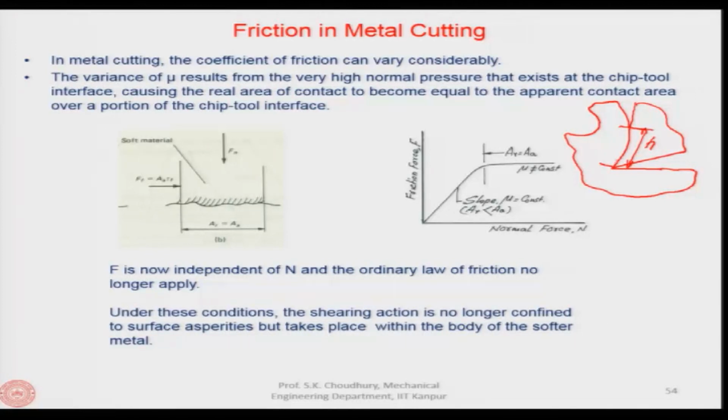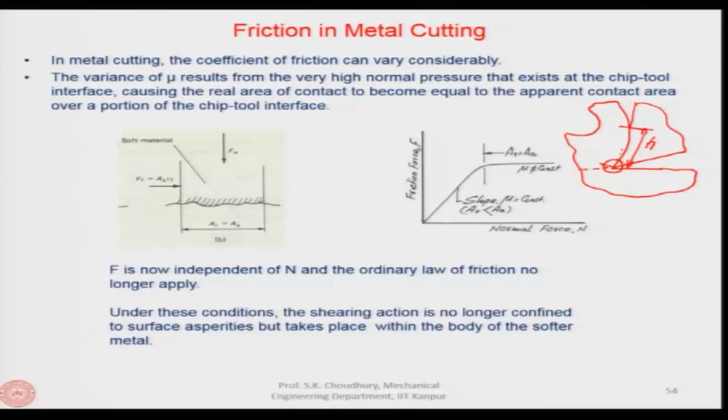Now, at this point the pressure is maximum. Therefore, at this point the real area of contact becomes almost equal to the apparent area of contact or geometrical area of contact, and as it goes towards the point where the chip loses contact with the tool, it decreases.